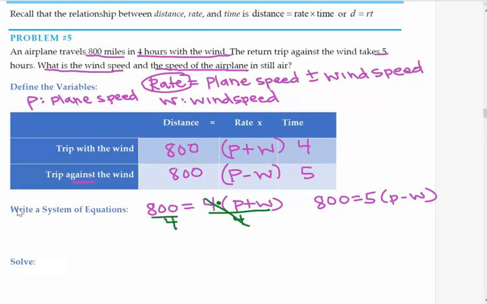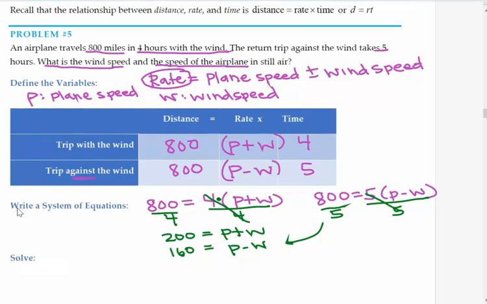All right, so those 4's divide out, and I'm left with 200 equals P plus W. And then similarly over here, let's divide both by 5. All right, so 800 divided by 5 is going to give me 160. All right, and I'm going to write it over here. So 160 equals P minus W.